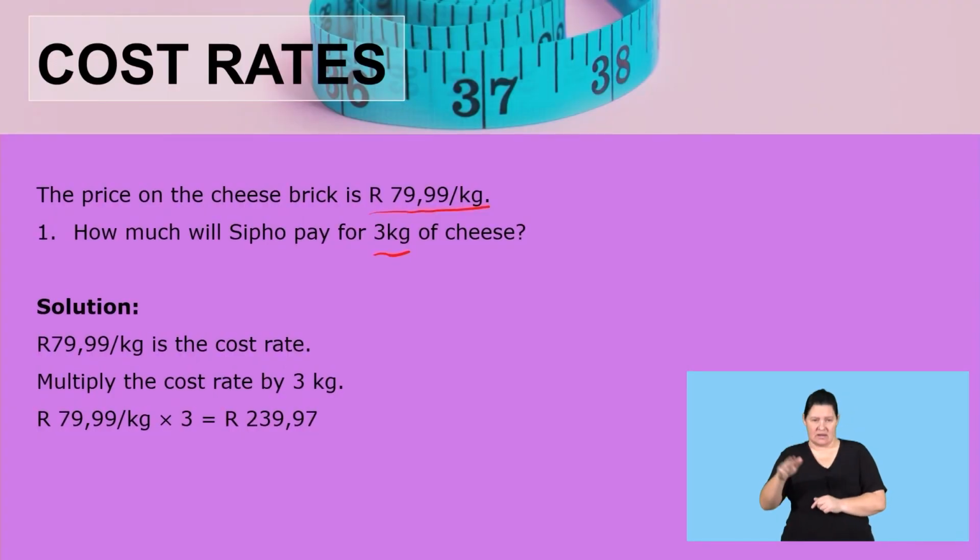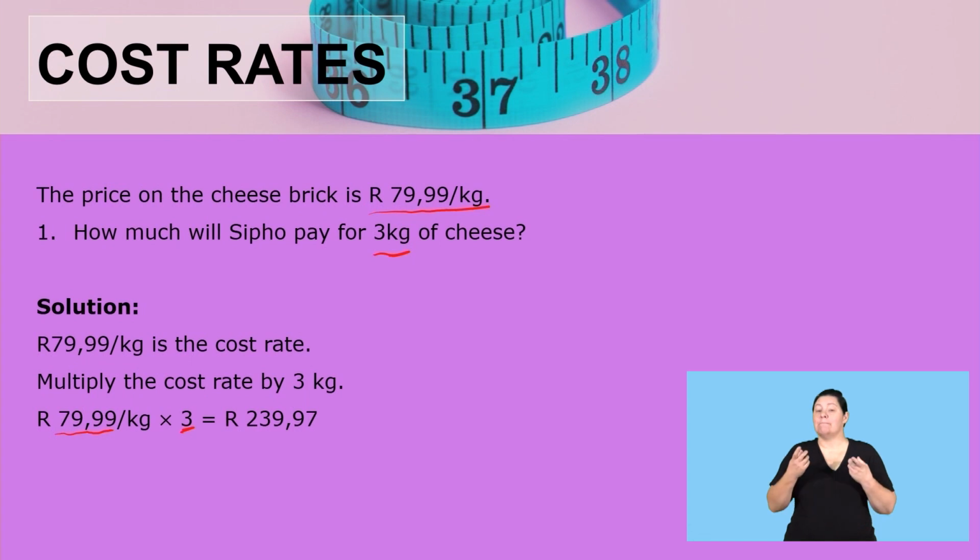So now we want to know how much Sipho will pay for 3 kilograms of cheese. We will take the price, which is 79.99 per kilogram. Because he's buying 3 kilograms, we multiply 79.99 by 3. Let us multiply together. 79.99 multiplied by 3, the answer that we get is 239.97.